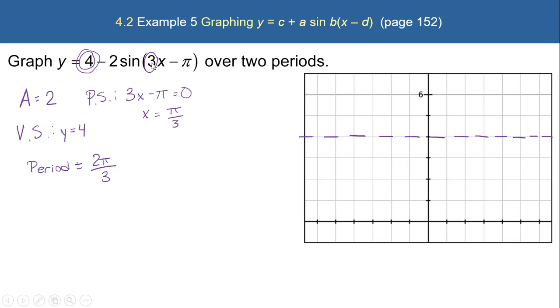All right, so now we're going to split the 2 pi over 3 into 4 equal parts, starting with 0 to 2 pi over 3. So remember, multiply 2 pi over 3 by 1/4 to get your first value, 1/2 to get the next one, 3/4 to get the next one.